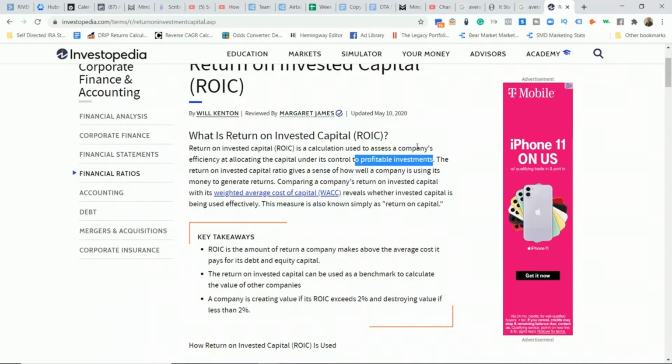That would essentially triple their profitability, which would in some cases triple the ROIC.